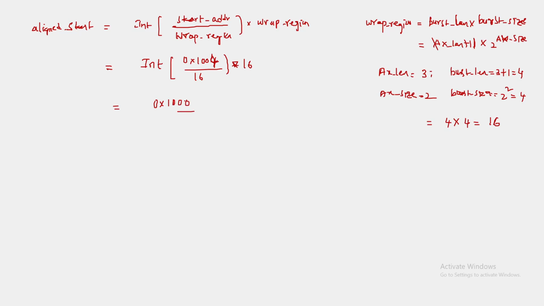So this is the aligned address. The value we got is 1000.